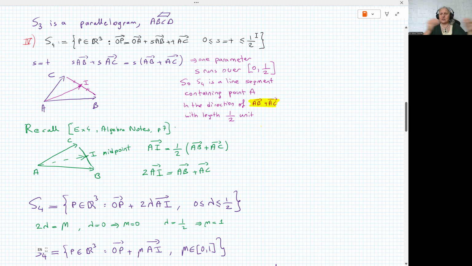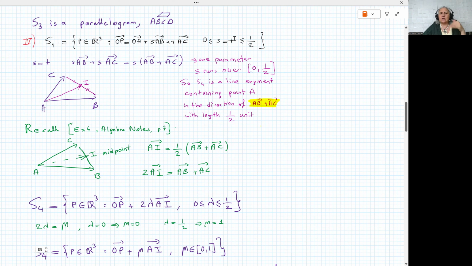The line itself, going from minus infinity to plus infinity, is a vector space in R3 if it passes through the 0, or an affine space if it is not linear, if it doesn't pass through the origin, that's an affine plane. So by looking at the restriction, it must be a line segment.